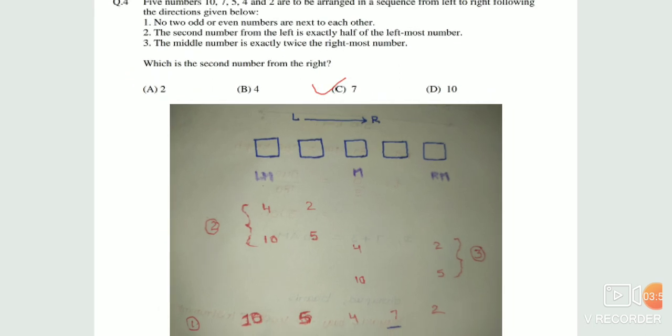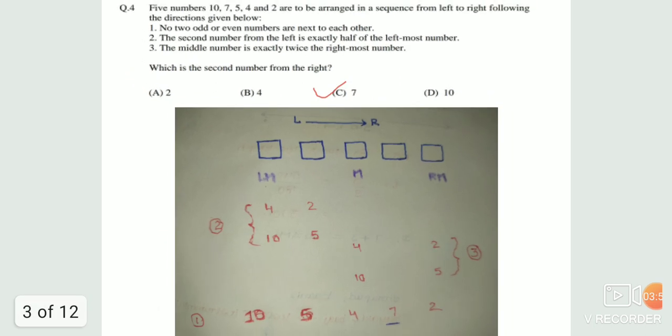Okay, we got some, and we are now going to eliminate the unrequired possibilities using condition number 1, that no 2 odd or even numbers are next to each other. Here see 4 and 2, if you apply there, these are 2 even numbers, so it fails condition 1.